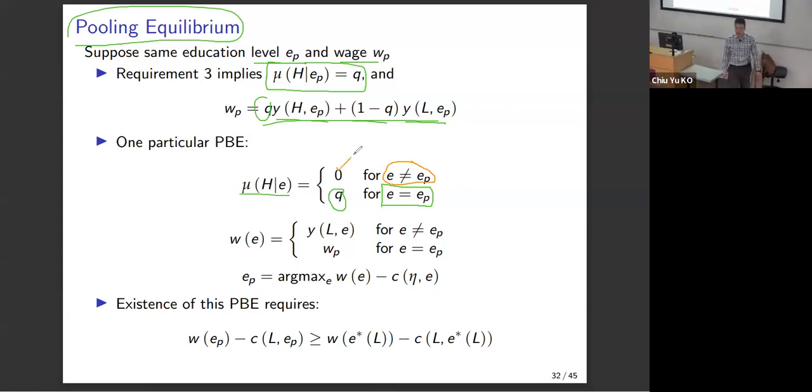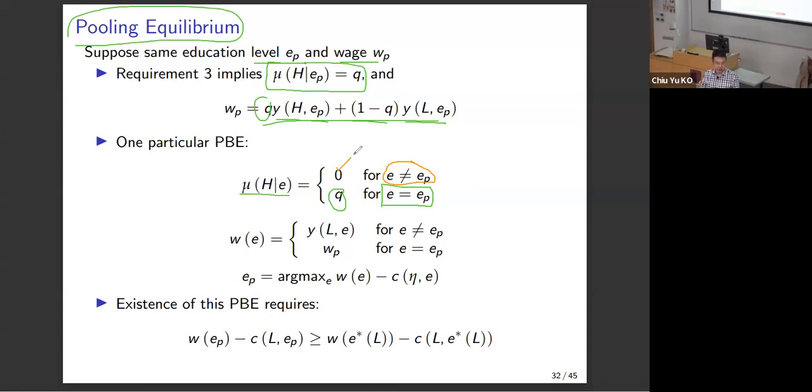It's not reasonable, but it satisfies Bayes' theorem. Bayes' theorem means if this plays many, many times, what you observe, because everyone at the end with pooling will choose the same education. Everyone said, I graduate from high school. No one gets a college degree. If you get a college degree, then you think that you're crazy. That's fine. Of course, you will ask, is it reasonable? That's not what we are doing, at least at this moment.